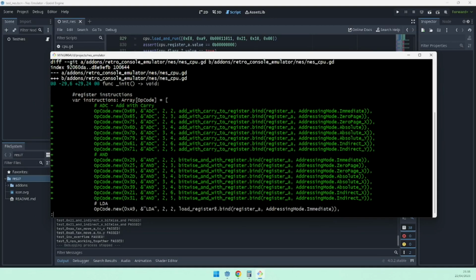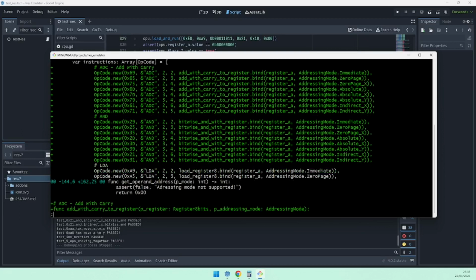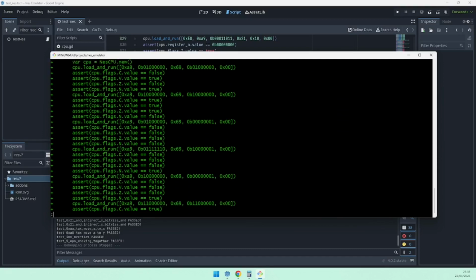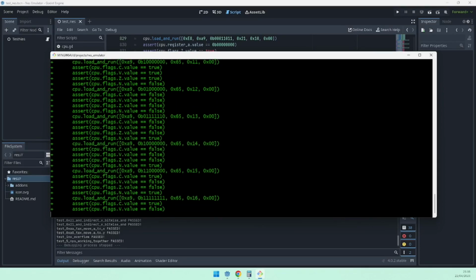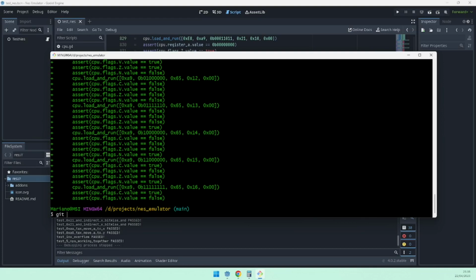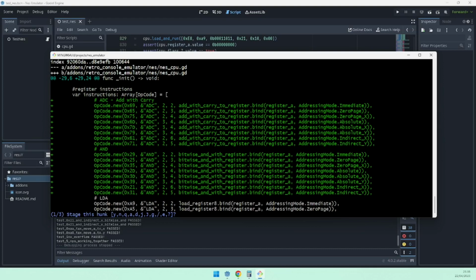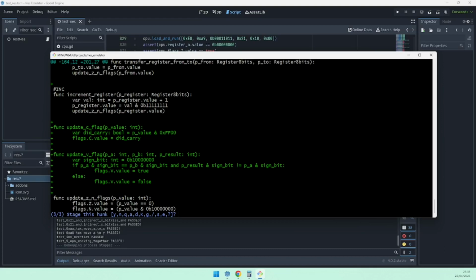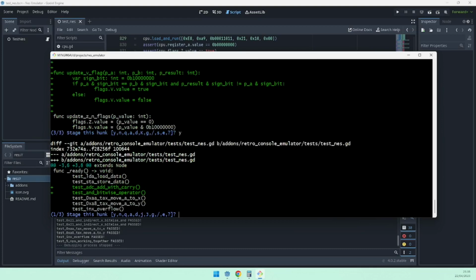It's this. And we added ADC and AND operations today. It adds in parts, declaration, implementation. Oh, the new update flag, new test.